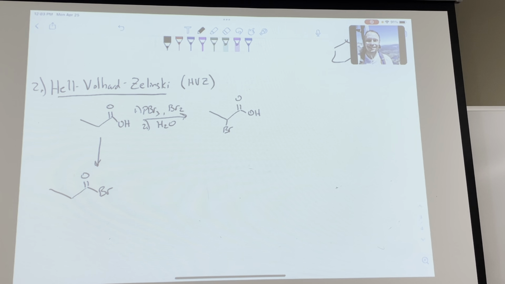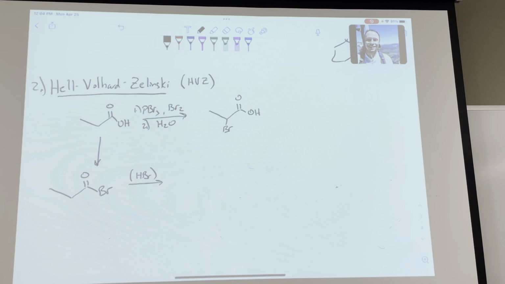Now, in the course of this reaction, you generate some HBr. And that HBr that's generated through this reaction is enough to cause the enolization of the acid bromide. So I think I'll put the HBr in parentheses because it's not like you're directly adding HBr to the reaction.